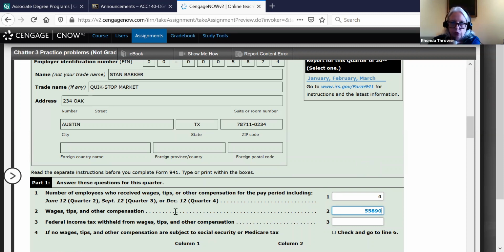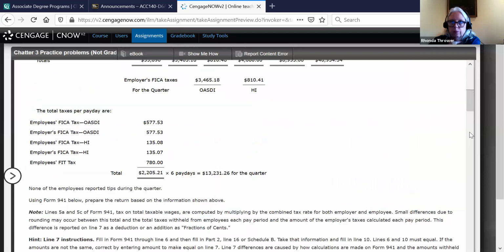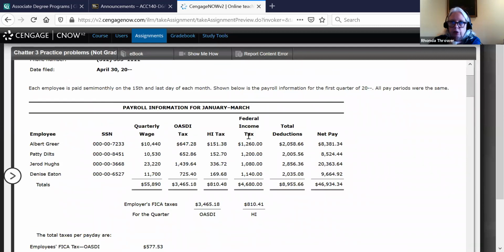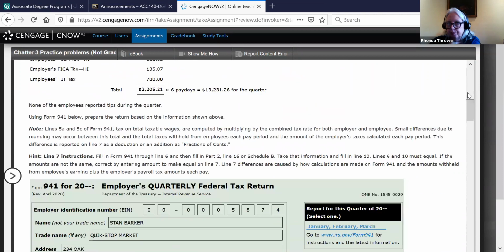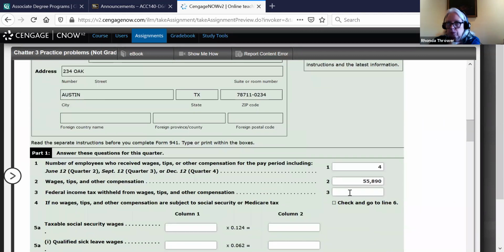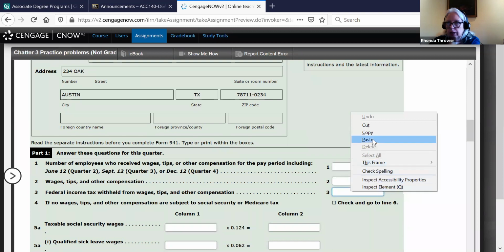Then we're going to move to fill in line 3, which is our federal income tax that was withheld from the wages. Here's our federal income tax column. The total amount would be copied and pasted into line 3.